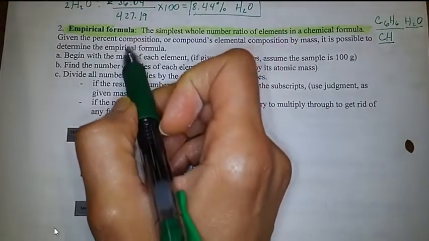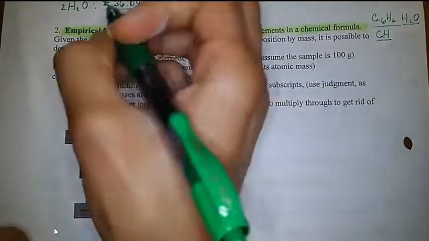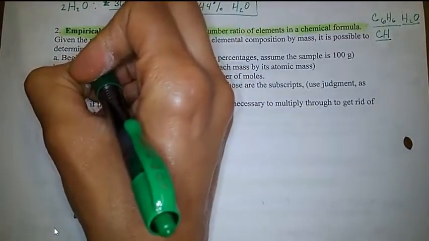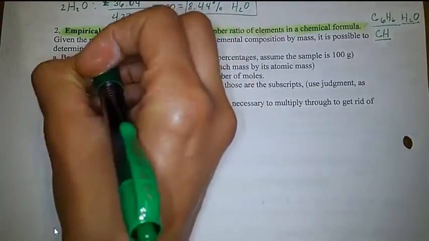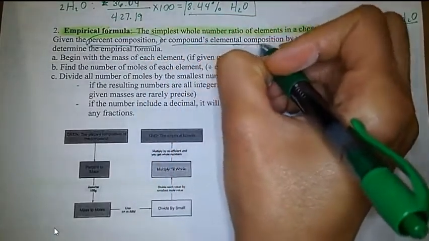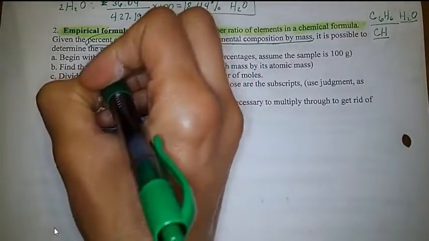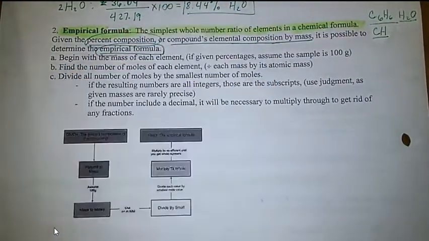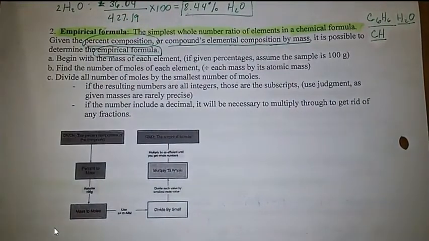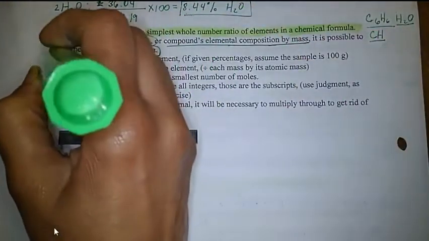You calculate the empirical formula whenever you are given the percent composition, or the compound's elemental composition by mass. If we are, then we can determine the empirical formula. The way that you determine it, once again, guys, is you begin with the mass of each element.